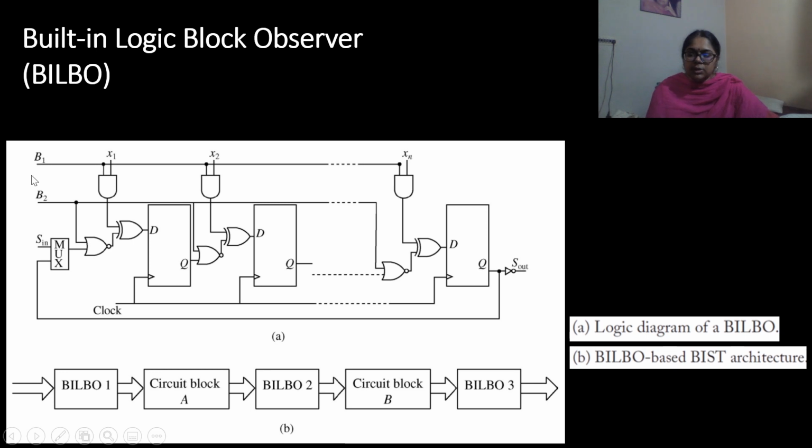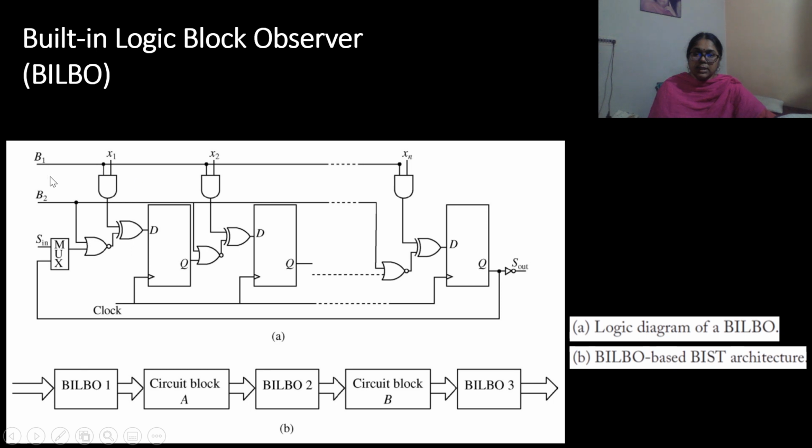B1 equal to 0 and B2 equal to 0 is mode 3. The BILBO acts as a serial shift register. Data is serially clocked into the register through SIN, through the multiplexer, serially through all the D flip-flops in the shift register. Register contents are simultaneously read at the parallel Q and Q bar outputs or clocked out through the serial output S out.